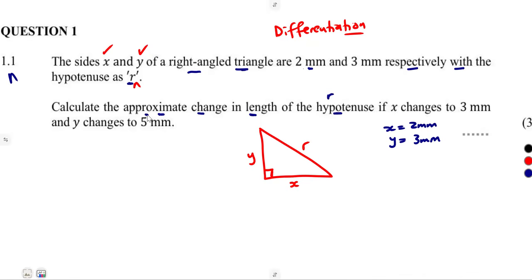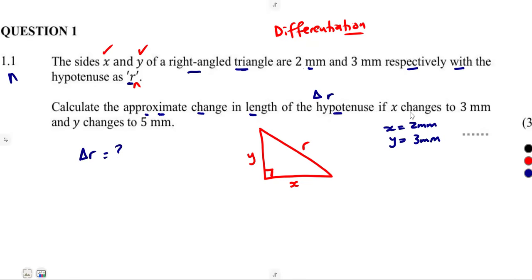So the approximate change in the hypotenuse is the one that we are supposed to determine. We do not know this change, which you can write as dr, the change in that hypotenuse.